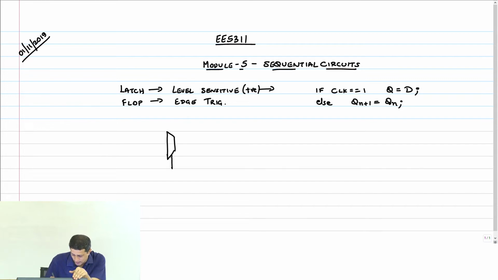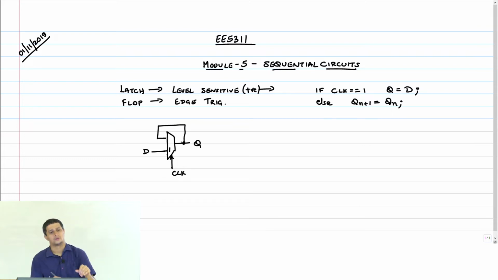We can implement this very easily with a multiplexer, and if you want a positive latch, you have to allow D to go through when clock is 1, and this is 0.